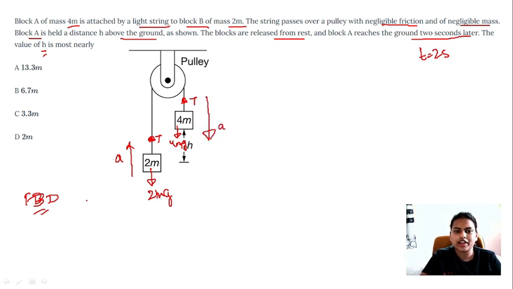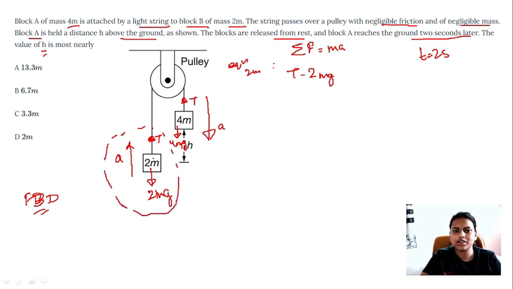So let's write the equation for the 2m block. It would be tension minus 2mg. This is the net force. We know how we write the equation: net force is equal to mass into acceleration. So what is the net force acting on this body? Only consider this system. So T minus 2mg would give me the acceleration. So T minus 2mg is equal to 2m into a.